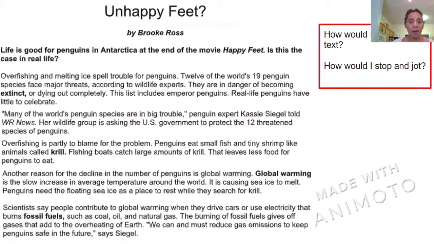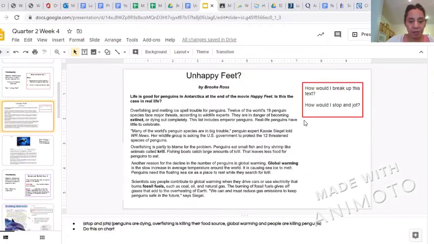Okay, guys, I'm going to stop there and I'm thinking out loud. What's causing problems for penguins based on what I just read in this chunk? Well, I would say the first thing that I read was overfishing is partly to blame for the problem. The author then goes on to explain why that's happening. So I'm going to stop here.